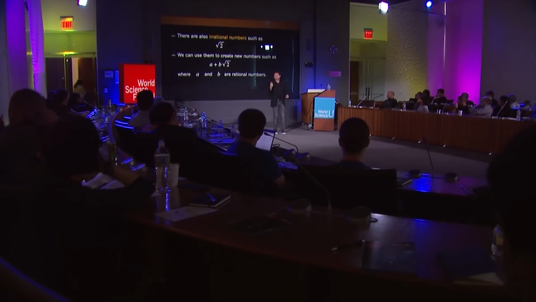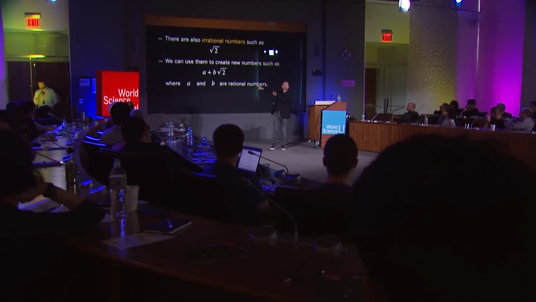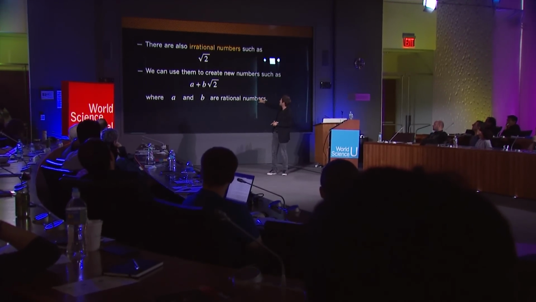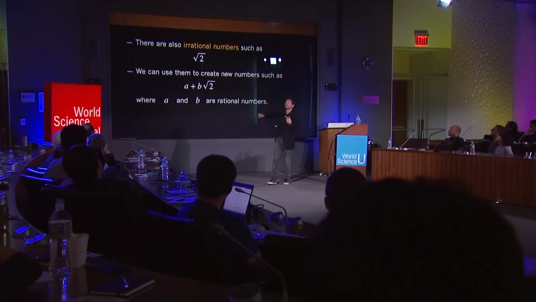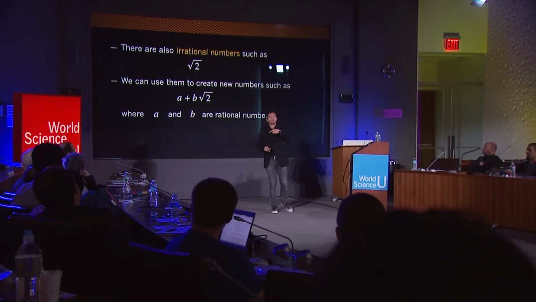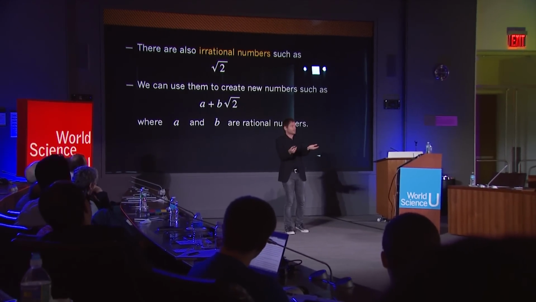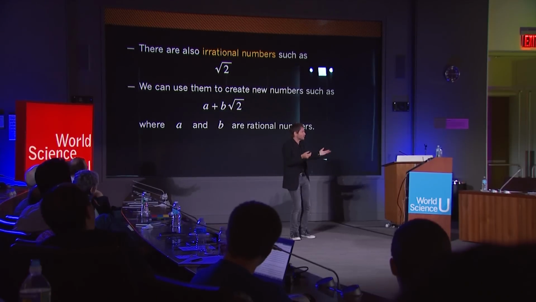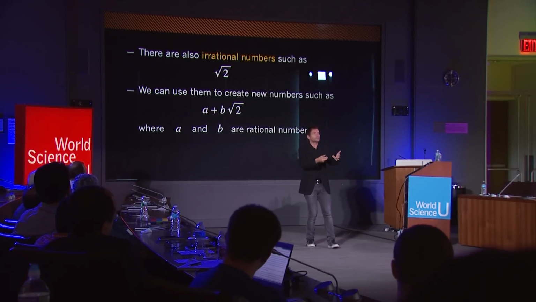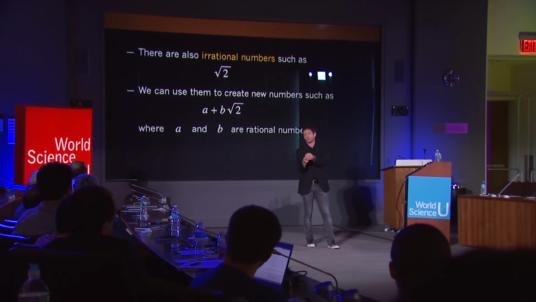And this is already good because, first of all, if you have two such expressions, you can add them up component-wise. But you can also multiply the two, and you will get numbers of the same form, but also the square root of 2 multiplied by the square root of 2. When you multiply the square root of 2 by itself, you get 2, just by the very definition of the square root of 2. So you never leave this realm. If you take these numbers, you can add them up and multiply them, and it's closed under addition and multiplication.